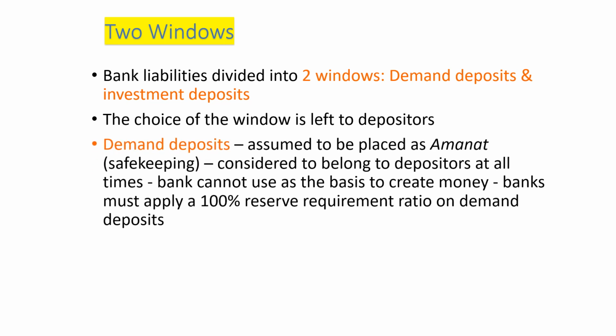Demand deposits are assumed to be placed as safekeeping. Thus, it is considered to belong to depositors at all times. Bank cannot use it as the basis to create money through fractional reserves. And banks must apply a 100% reserve requirement ratio on demand deposits.